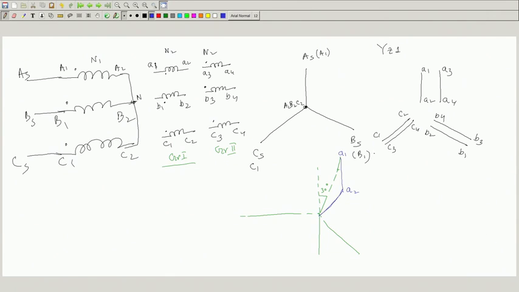and this is parallel to C phase, and this I will take C3, C4, is not.